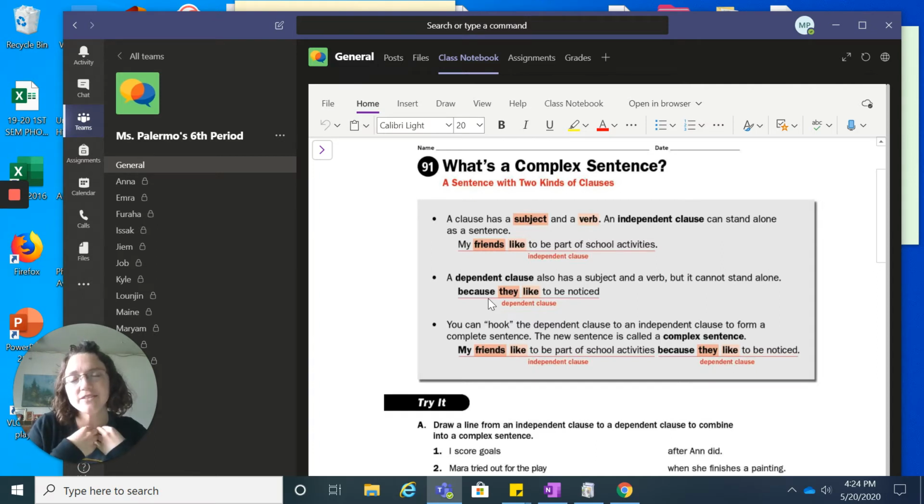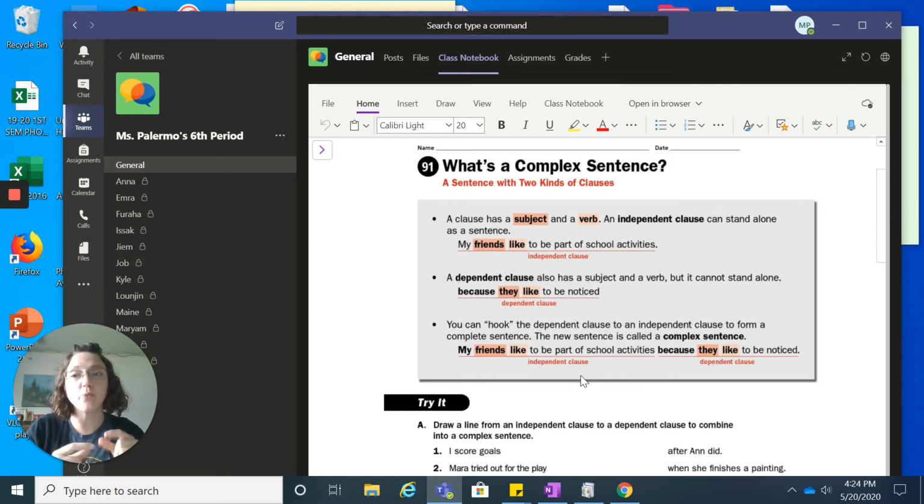Like I still depend on my mom and dad to help me out if I have a problem. But I'm also pretty independent, right? My daughter is super dependent on me, meaning she has to stay with me or my husband in order to be okay. Well, just like she's dependent on us, a dependent clause cannot be on its own.